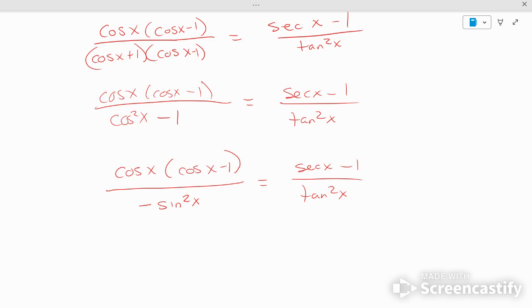Now, next step. In the end, I have tangent squared on the right-hand side on the denominator. Tangent squared is what squared over what squared? Sine squared over cosine squared. So what I'm going to have to do is multiply this by 1 over cosine squared here. So I'll multiply the top times 1 over cosine squared.